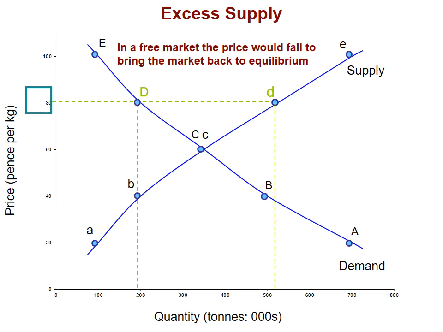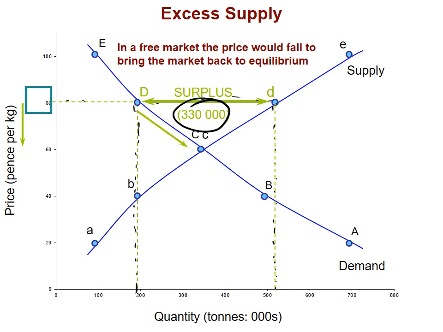Suppliers want to supply 530,000 tons, but demand is only around 200,000 tons. So there's an excess supply, there's a surplus of 330. So prices will fall to bring us back to our equilibrium point.